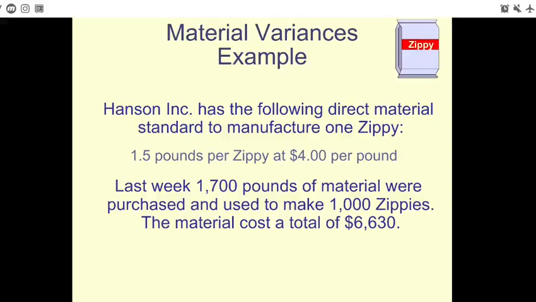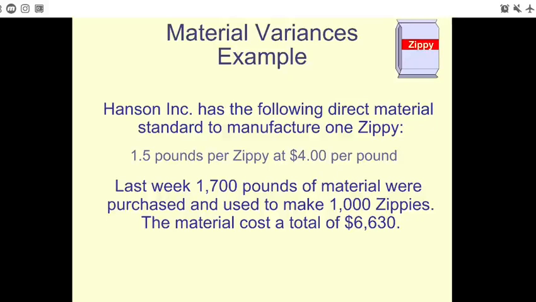Given that you have a quiz 2 and that quiz 2 is related to the topic related to standard costing, then I think I'll give you several additional examples related to how to calculate the variance for material, labor and overhead.